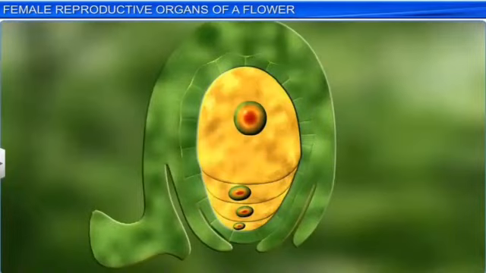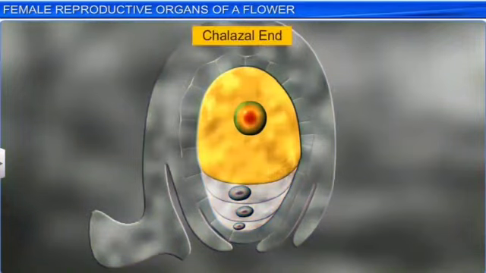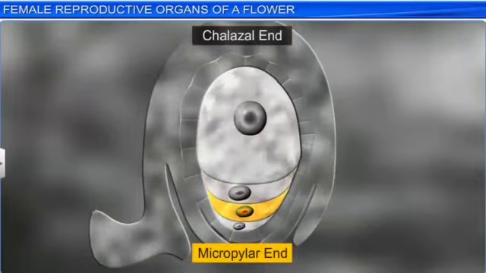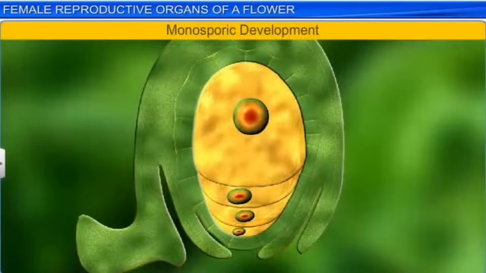Now let us observe the nucleus of this functional megaspore. Now this nucleus of the functional megaspore undergoes mitosis and produces 2 nuclei, which move towards the opposite poles, forming the 2 nucleate embryo sac.